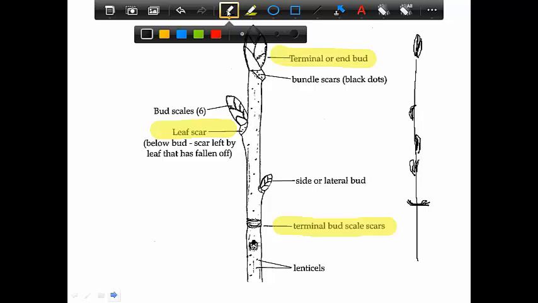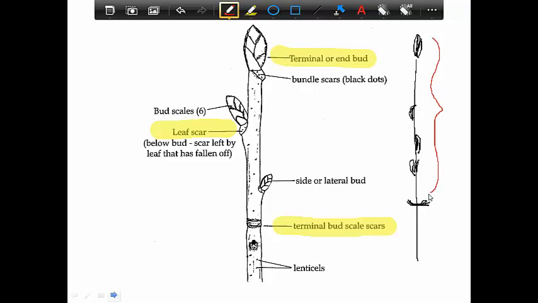So in our drawing, all of this here on the side, from the terminal bud to the terminal bud scale scar, all of that is new growth from last season.